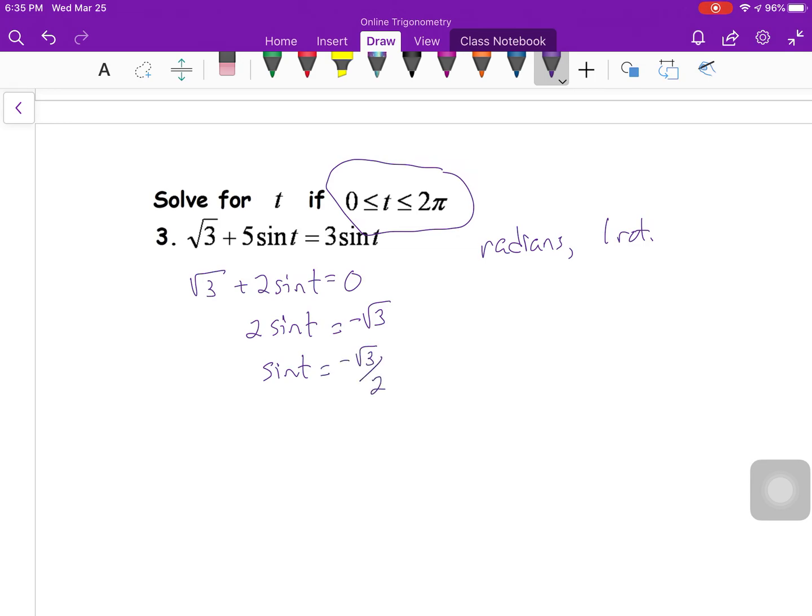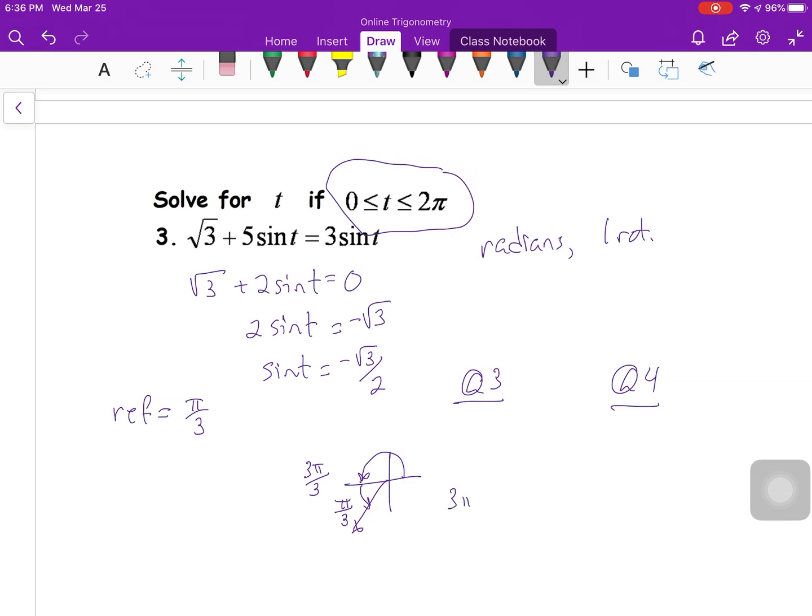Hey, this looks very familiar. In fact, we just finished one where the sine was equal to a square root of 3 over 2. So our reference angle, we remember, was 60 degrees, but in radians, that would be pi over 3. We remember that the quadrants we use for negative signs are quadrant 3 and quadrant 4. But again, we're in radians. So in radians, if I'm going pi over 3 beyond, well, a full pi is 3 pi over 3.